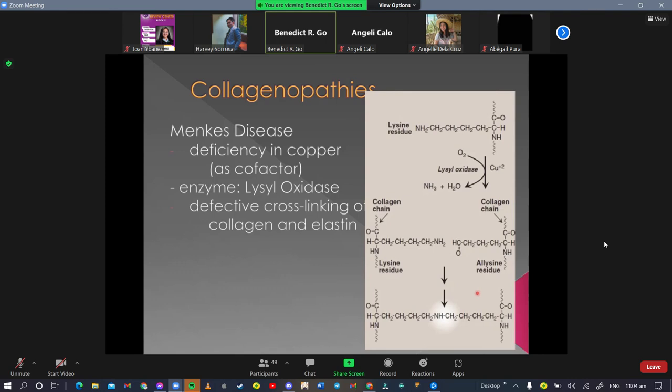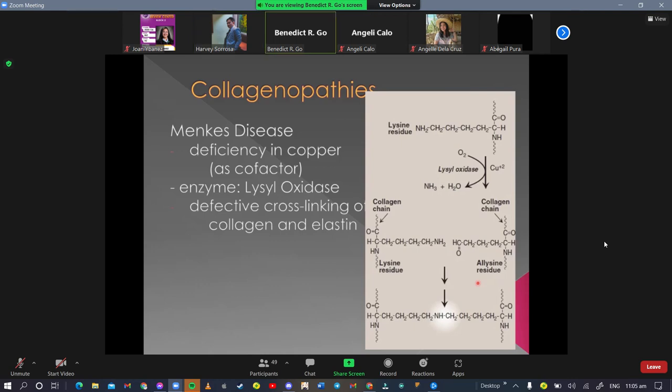Just the linkage between collagen chains to form your mature collagen fiber. The covalent bonding between the adjacent fibers, Doc. What is it about lysine and allysine? Carbon to amino, I'm not sure.